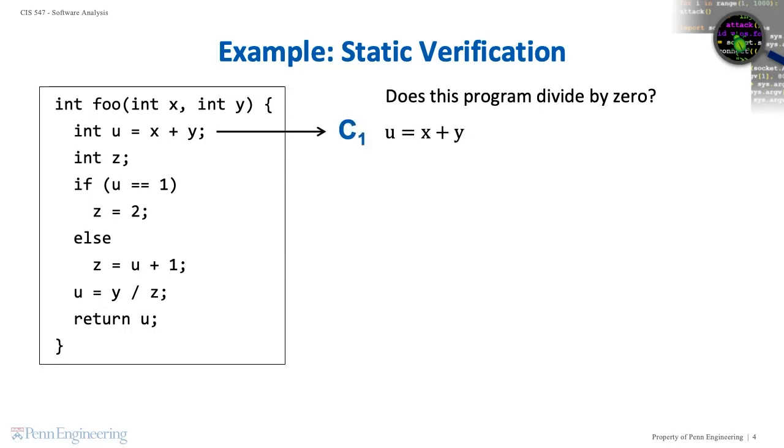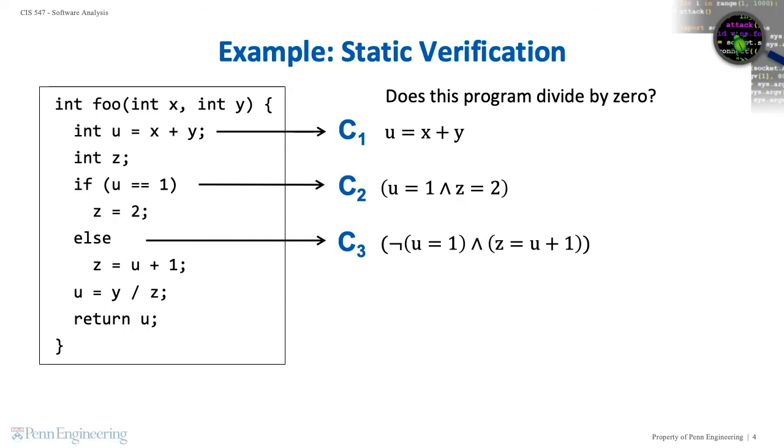The first constraint in this example, denoted C1, captures the effect of the assignment u is assigned x plus y by asserting that u must be equal to x plus y. The second constraint, denoted C2, captures the effect of the true branch by asserting that it is taken when u is equal to 1 and that z is equal to 2 after this branch.